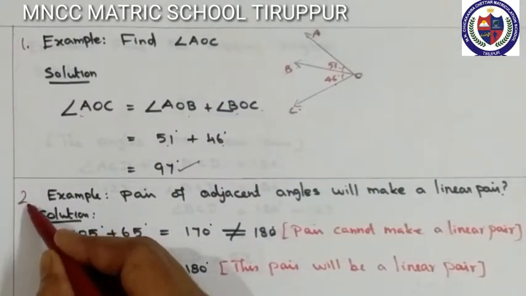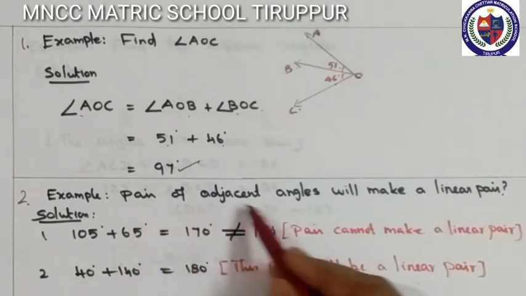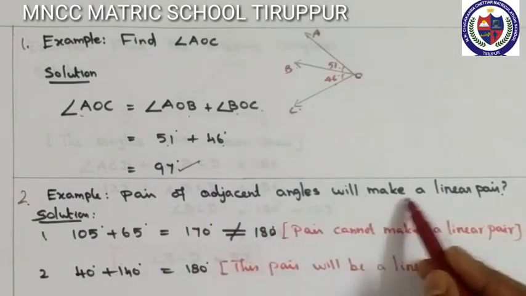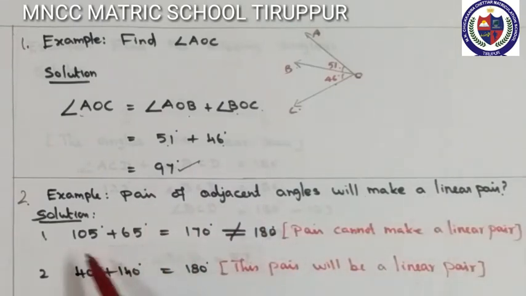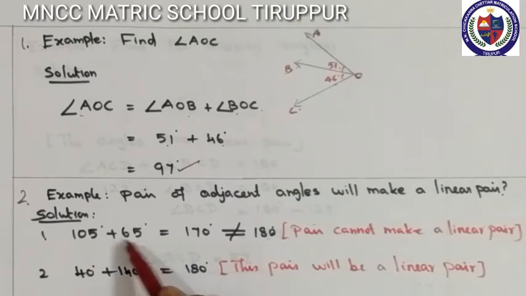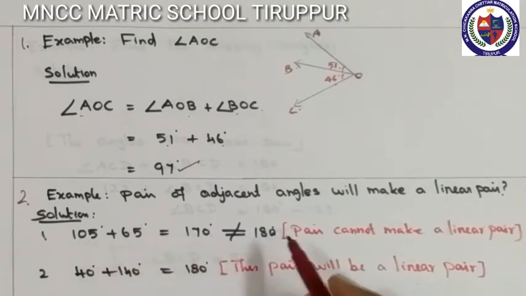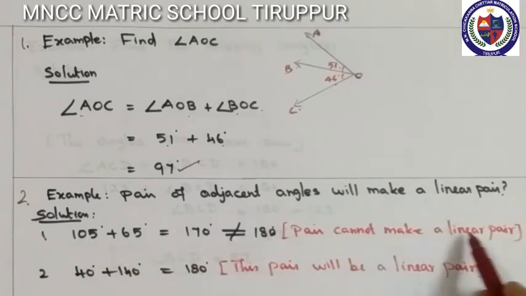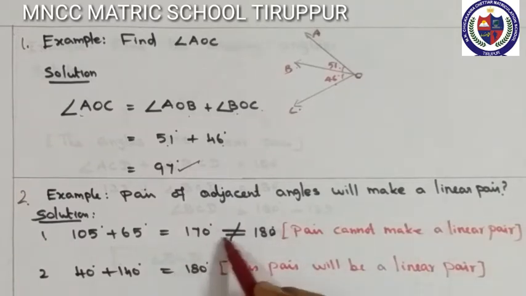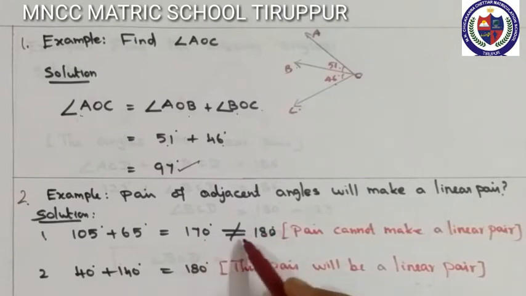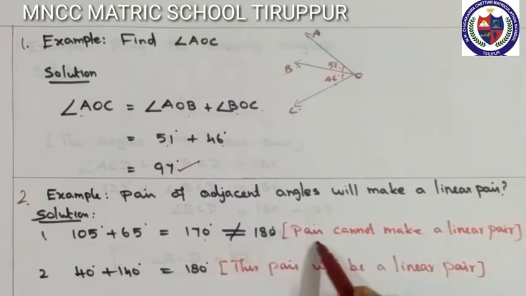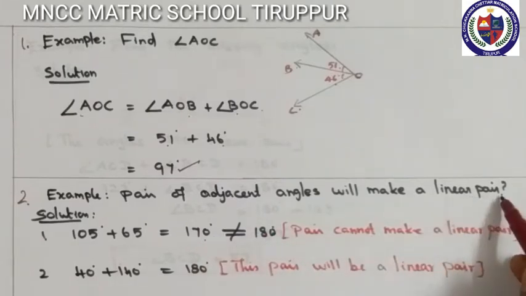Second example: will a pair of adjacent angles make a linear pair? We take two angles, 105 and 65 degree. The sum of the two angles is 170 degree, not 180 degree. So the pair cannot make a linear pair. Next, 40 degree and 140 degree. The sum of the angles is 180 degree, so this will be a linear pair. If the sum of two angles is not 180 degree, the pair cannot make a linear pair.